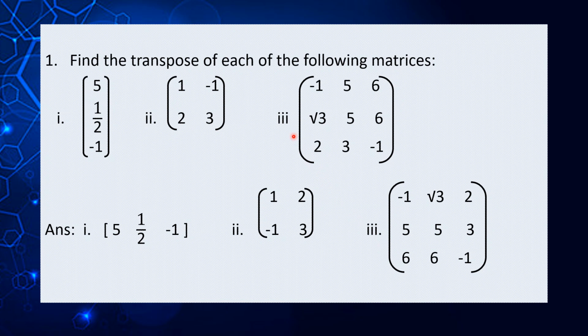The third part of the question is minus 1, 5, 6, root 3, 5, 6, 2, 3, minus 1. And the solution would be minus 1, root 3, 2, 5, 5, 3 and 6, 6, minus 1. So I hope you guys understood.